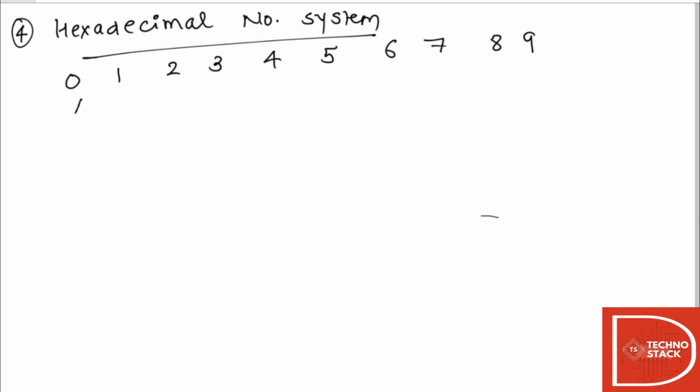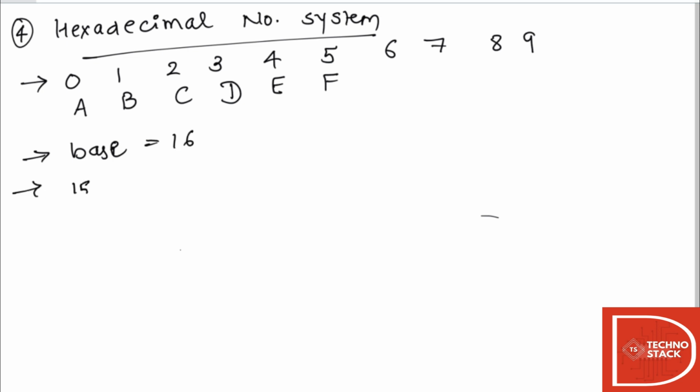And then we have 10 is A, 11 is B, 12 is C, 13 is D, 14 is E and 15 is F. So 0 to 15, that is 16 unique symbols. Base or radix is 16 and we can take 15s and 16s complements.